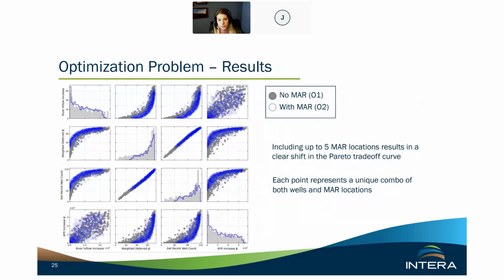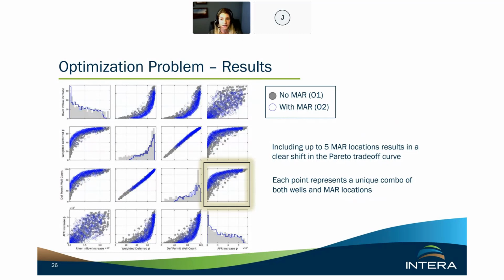And so that is what that ends up looking like in our Pareto curves. So this is that same 4x4 panel, but we're now showing both the Pareto curve without managed aquifer recharge and with managed aquifer recharge. So if I again focus in on this one Pareto curve where we're trading off between the deferred permit well count and the AFR objective function increase, if you compare between the blue and the gray series, you actually see there's been an entire shift in the Pareto curve, and it's shifted up, meaning we're getting more active deferred pumping wells in our solutions.